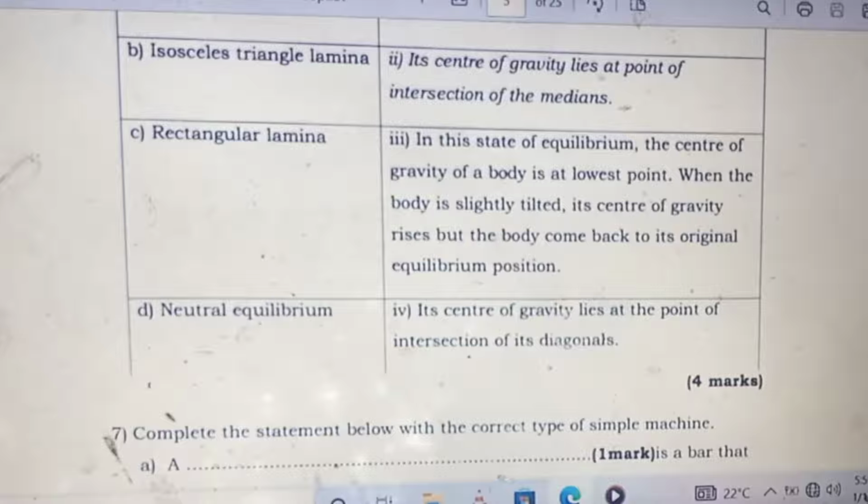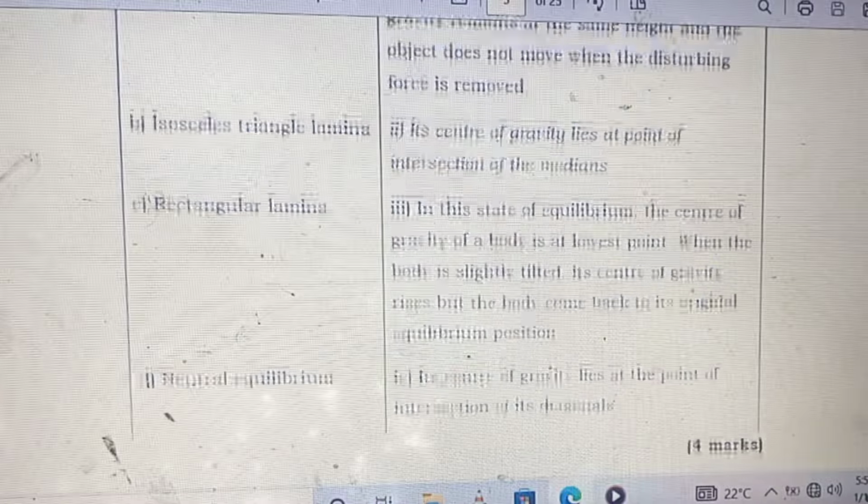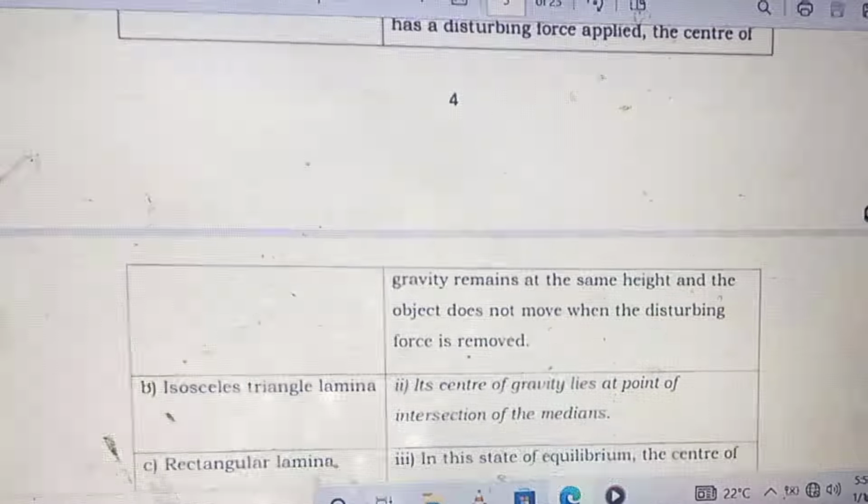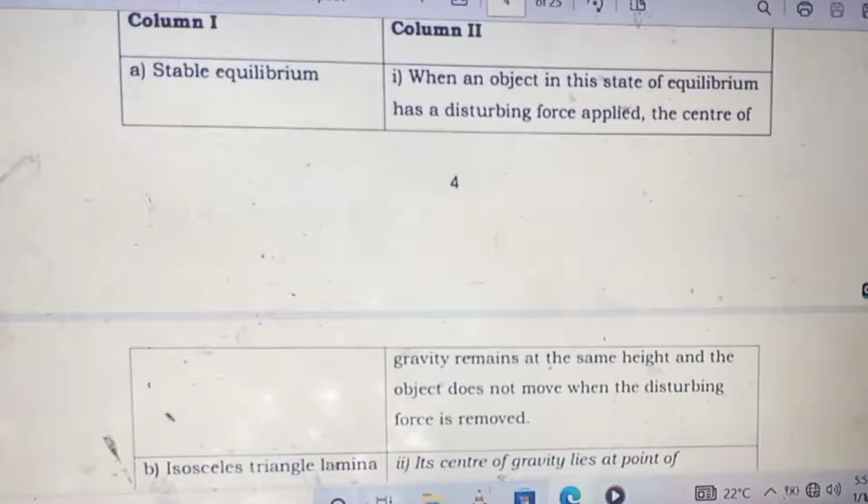Match to I. When an object in this state of equilibrium has a stopping force applied, the center of gravity remains at the same height and the object doesn't move when the stopping force is removed.